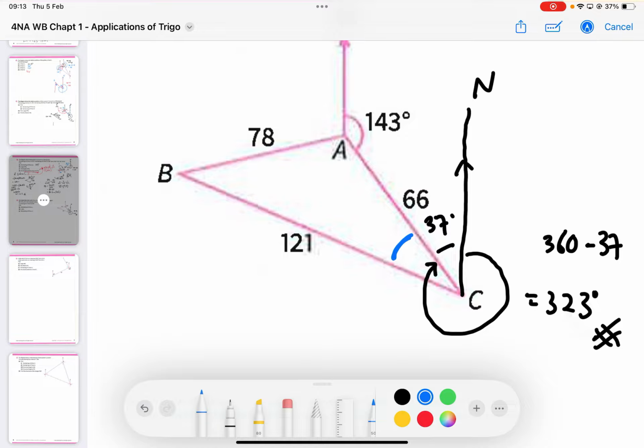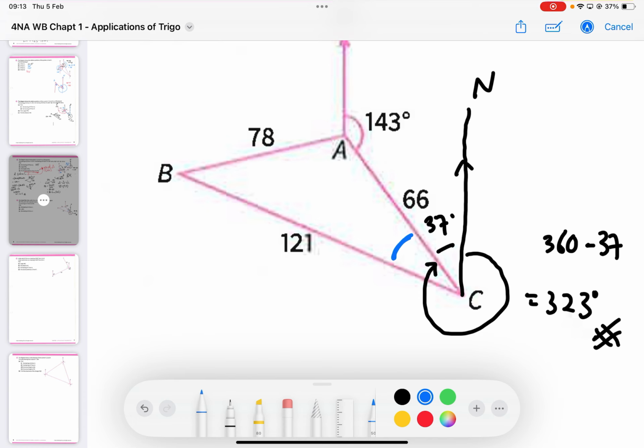Can they help me find this angle? Are there any property, anything that can help me find this one? Don't have, right?